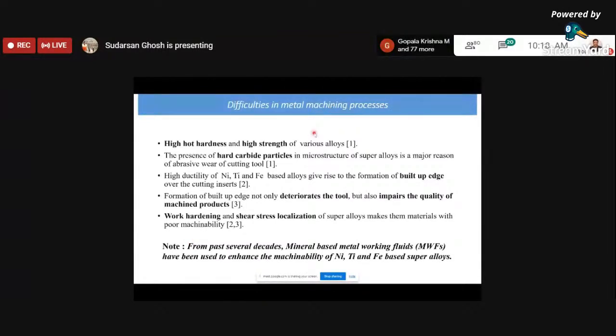So then the question arises, how is it possible? You can see over here that for the last several decades, it is cutting fluids, or what we call metalworking fluids, which are being used very widely, and it has also been proved that the use of these mineral-based metalworking fluids can enhance machinability.